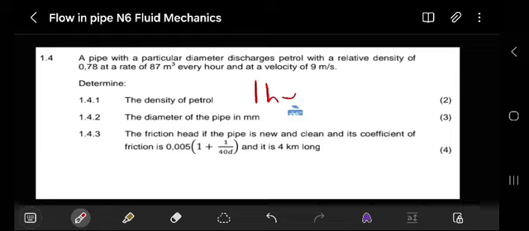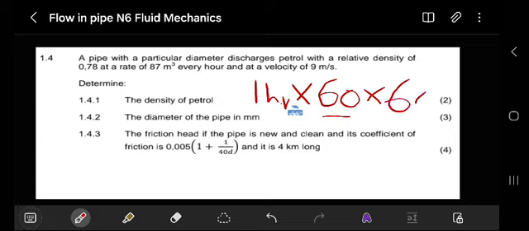We multiply by 60 to get minutes, and to get seconds we multiply again by 60.